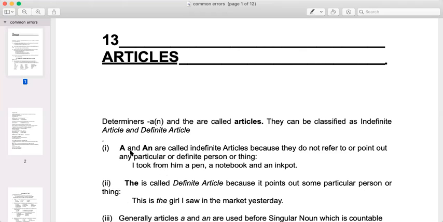When we take the example of a and an: I took from him a pen, which means it might be any pen, a notebook, any notebook, and an inkpot, any inkpot. The: this is the girl I saw in the market, which means we are pointing at some particular girl in the market, not a random girl.